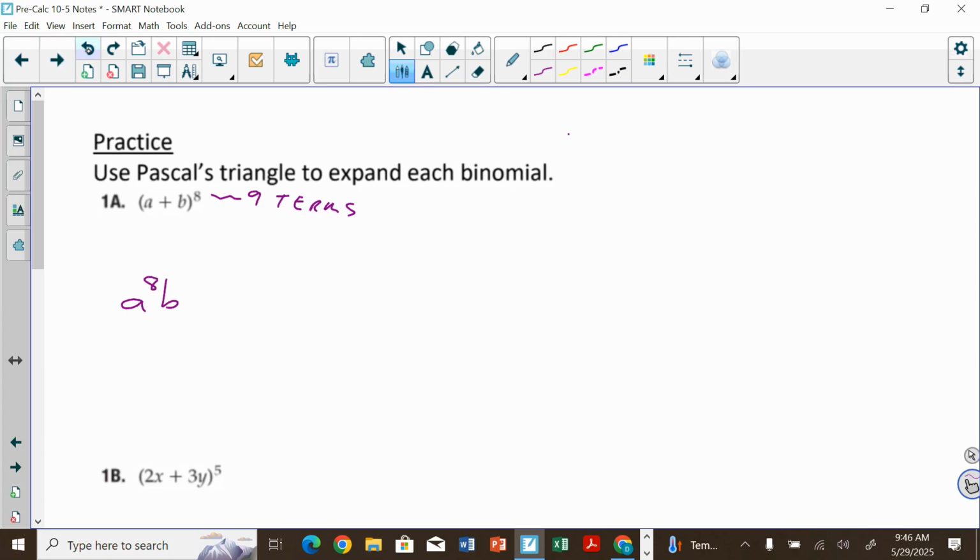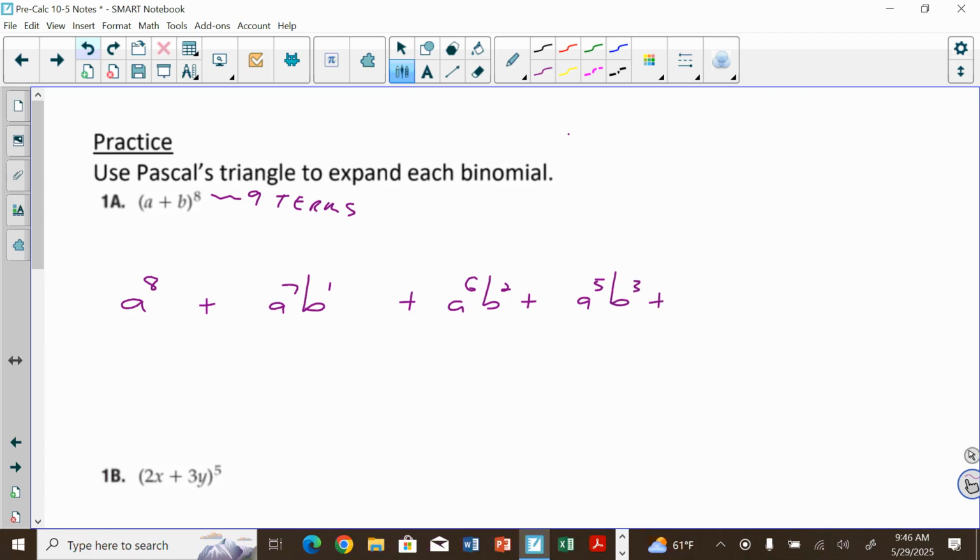I may use it later on when I have other coefficients, but I'm just going to leave it like that right now. Then I'm going to keep writing here: a^7 b^1, a^6 b^2 plus a^5 b^3. Because remember, all we're doing here is the a's go down, the b's go up.